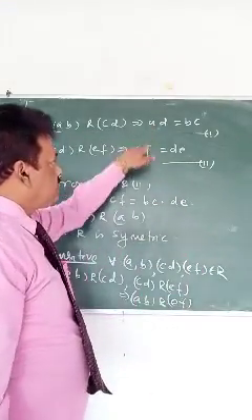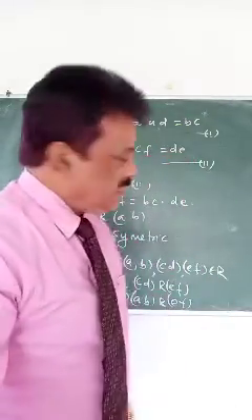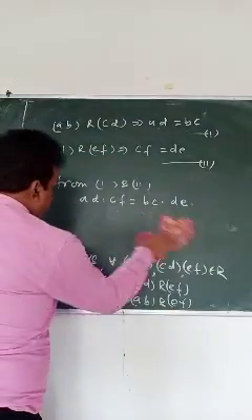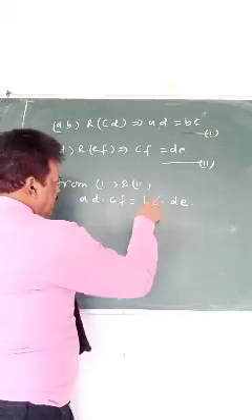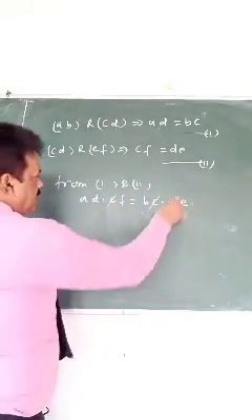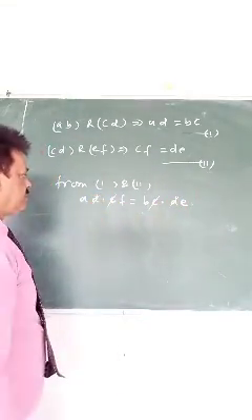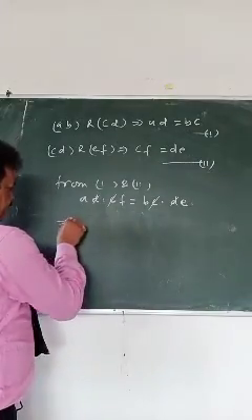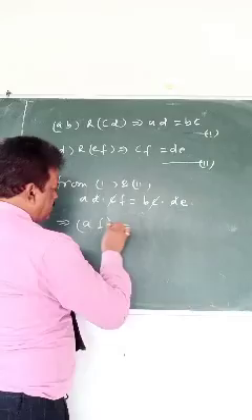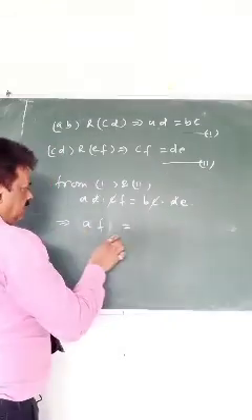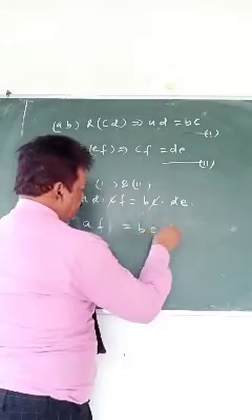You can multiply these two. So what will you get? C is getting cancelled, D is getting cancelled. So af equals be.